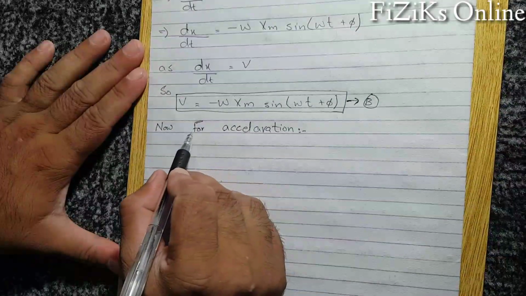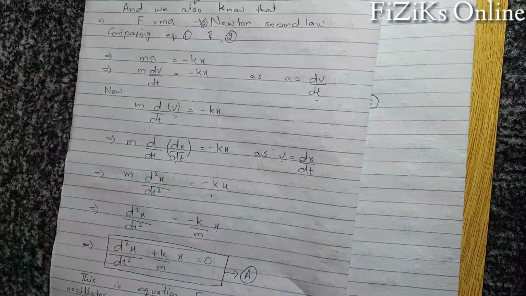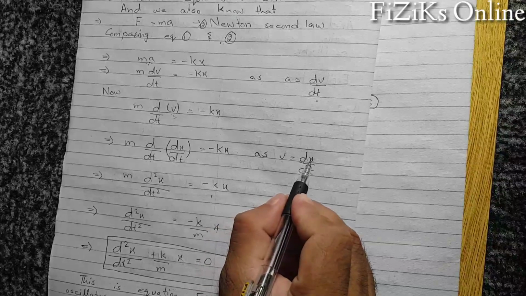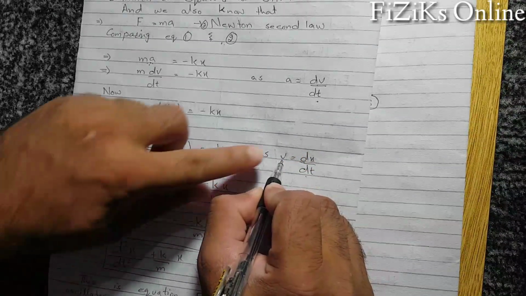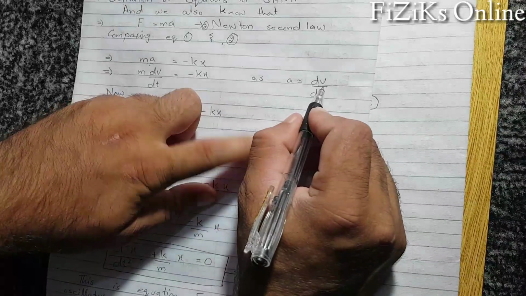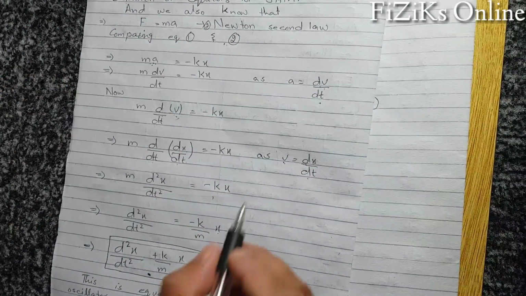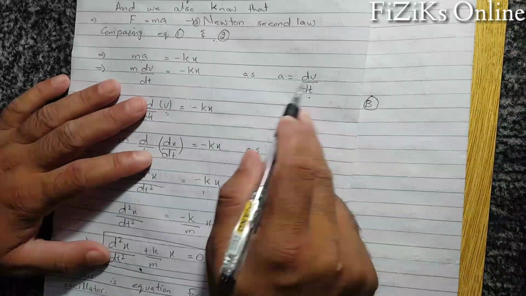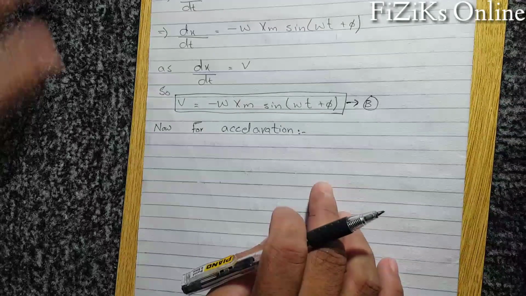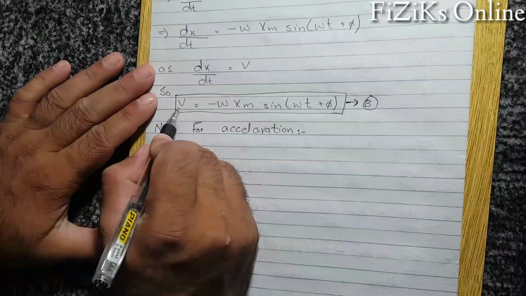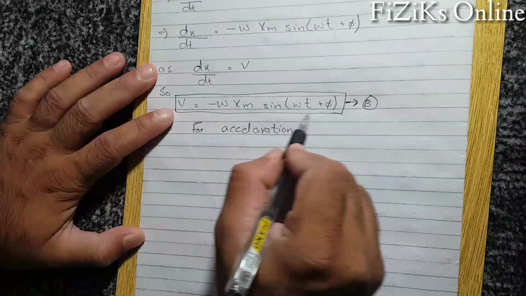Now we are going to derive an equation for acceleration. The derivative of displacement gives us velocity, and if we differentiate velocity it will give us acceleration. Here is the equation for velocity.